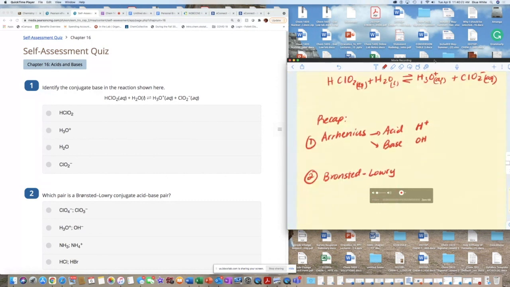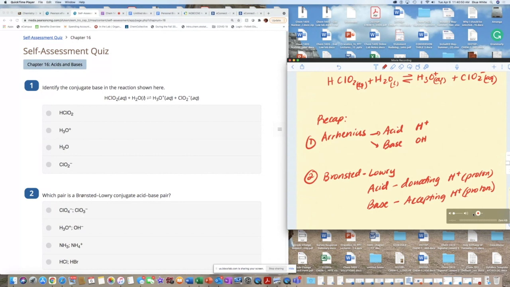From Bronsted-Lowry, what we got was the acid was doing something. And what the acid was doing, let me minimize this out of the way. The acid was donating H plus, called a proton. And then the base was accepting H plus proton.